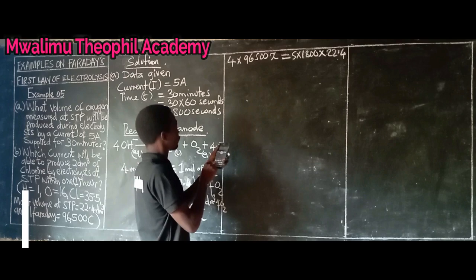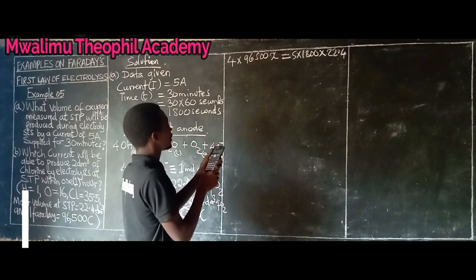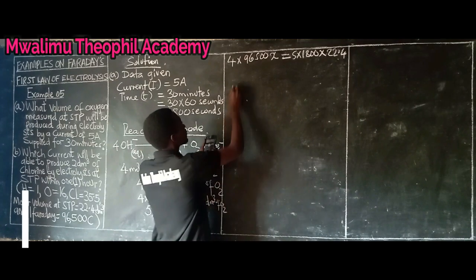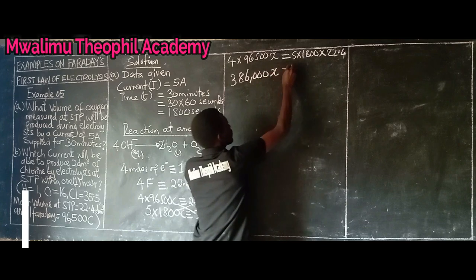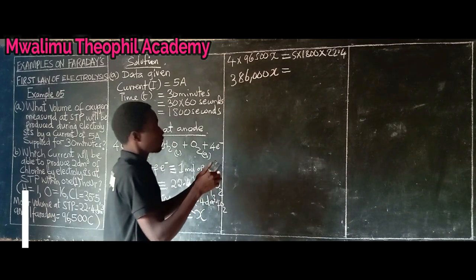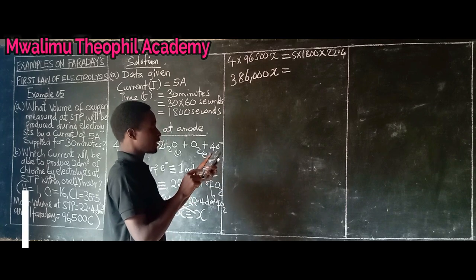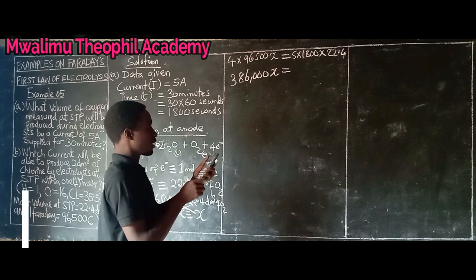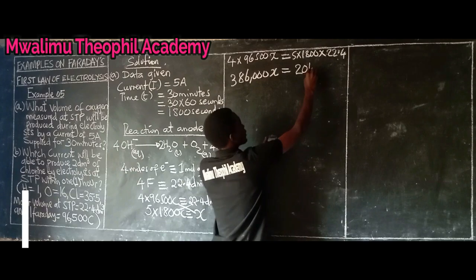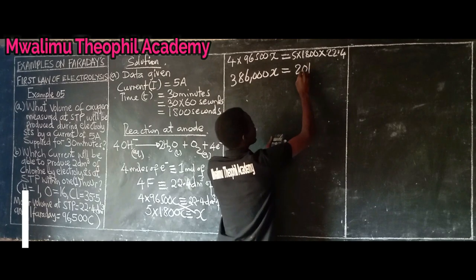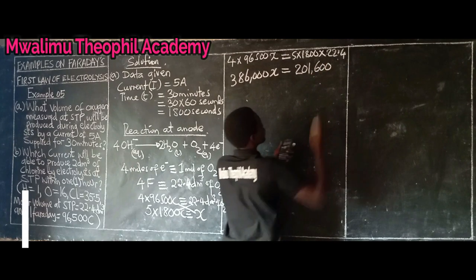On the left hand side, 4 times 96,500 gives 386,000 X, which will be equal to 5 times 1,800 times 22.4, giving 201,600.